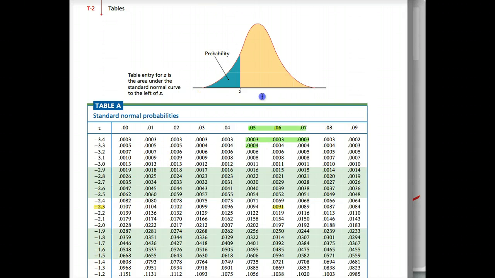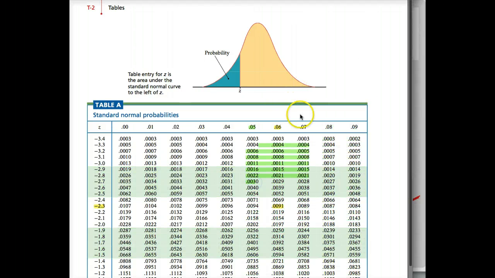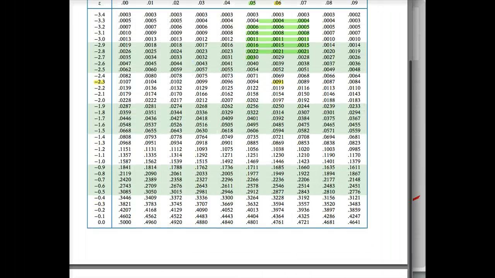Negative 0.3 is the row, and the 4 tells me the column.